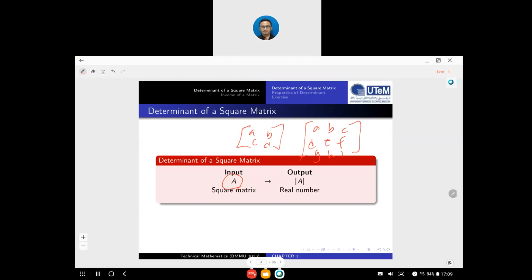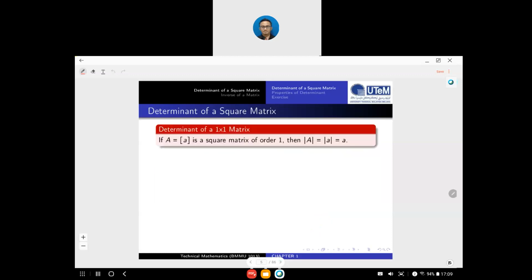And then how to find the determinant? The symbol of the determinant is something like this, like the modulus of A. Your determinant should be a real number, it is no longer in the form of a matrix.